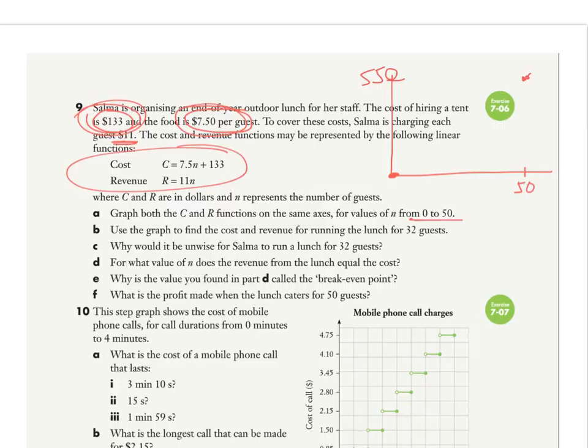Now, if we put in the cost, $50 in the cost formula, we get 508. So it's 500. So we're going to go down by 50s, or obviously from 0 up by 50. So it's going to be a little bit higher than that. So the revenue will be there.